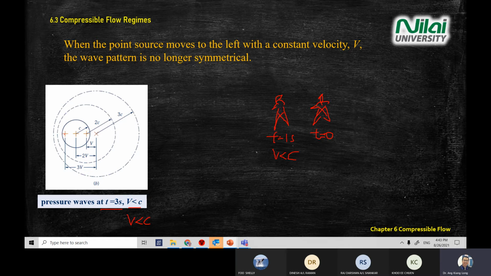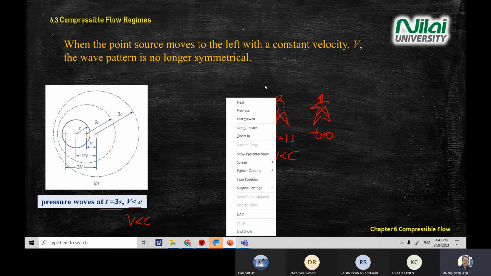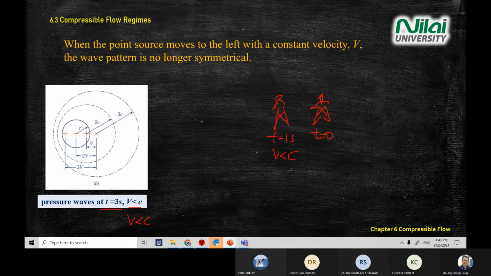As you can see, the wave that you draw. Let me think how to explain this to you. Let me draw the four locations first: T equals 2 seconds, T equals 3 seconds.